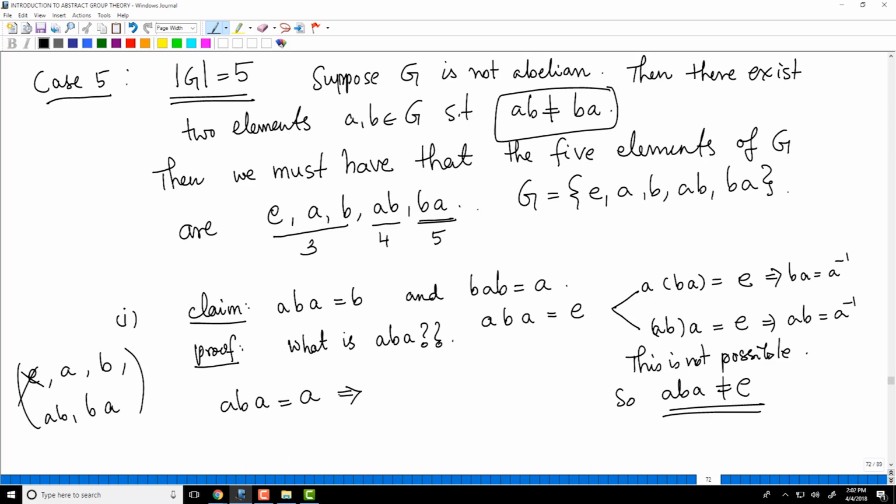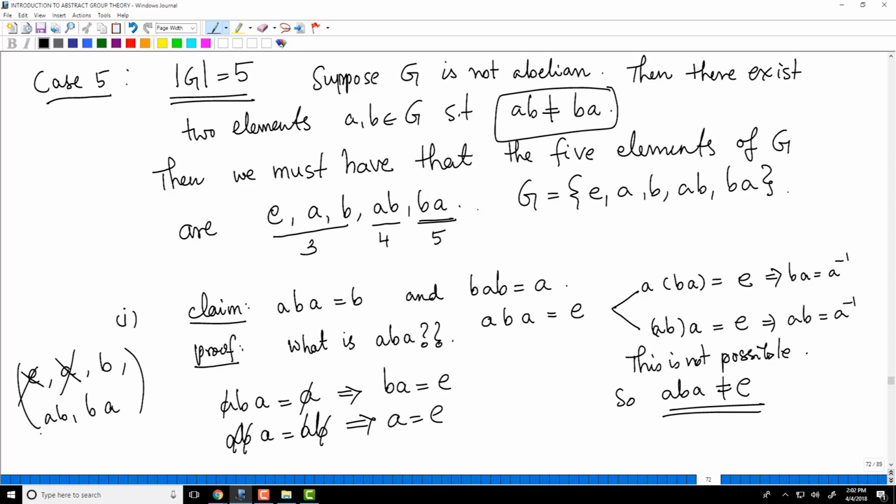Can it be A? It cannot be, because if it's A, I can cancel A and conclude that BA is E. But if BA is E, AB must also be E, because A and B are inverses of each other and they commute. So, it can't be A. Can it be AB? If it is AB, then I cancel A, then I cancel B, I get A equals E. This is also not possible.